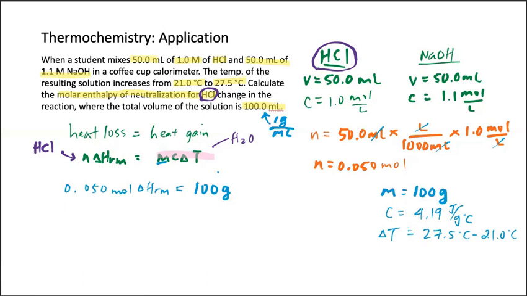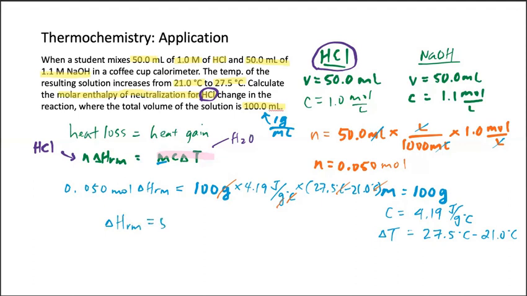So now we can put everything into the equation, times 4.19 joules per gram per degree Celsius, and then 27.5 minus 21. So in here, grams and grams, degrees Celsius are gone, and you can bring the mole over to the other side by dividing by 0.05 on both sides, and you should be able to get delta H_rxn.